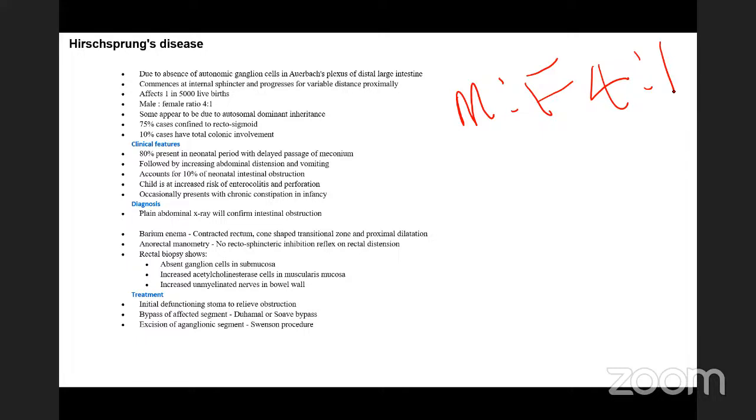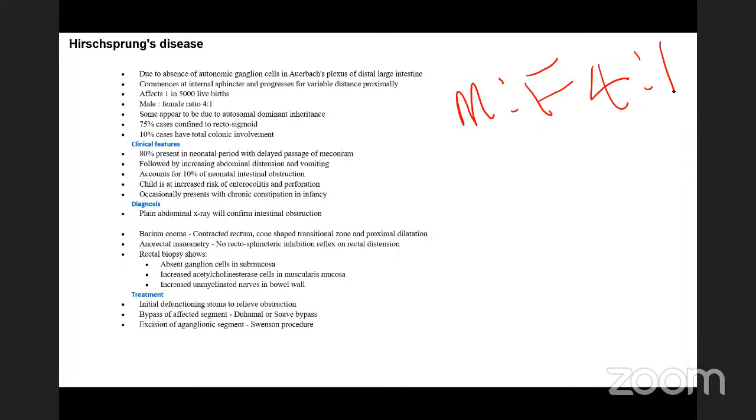Clinical features: 80% present in the neonatal period with delayed passage of meconium, followed by increased abdominal distension and vomiting. These are features of intestinal obstruction. It accounts for 10% of neonatal intestinal obstruction. The child is at increased risk of enterocolitis and perforation.